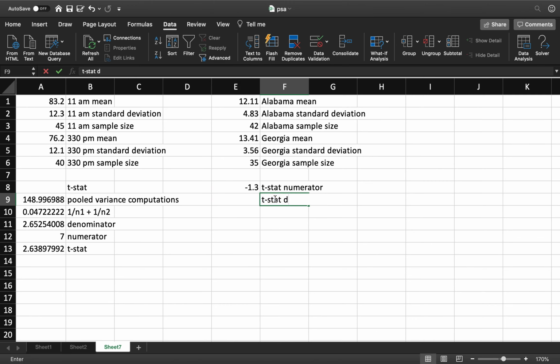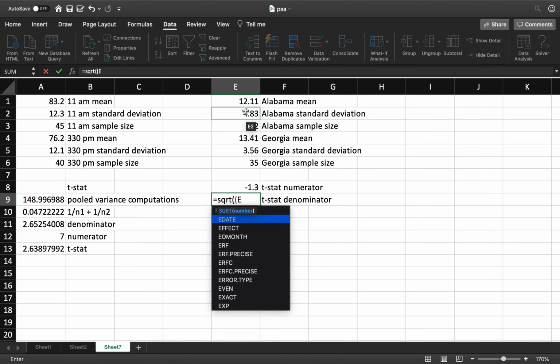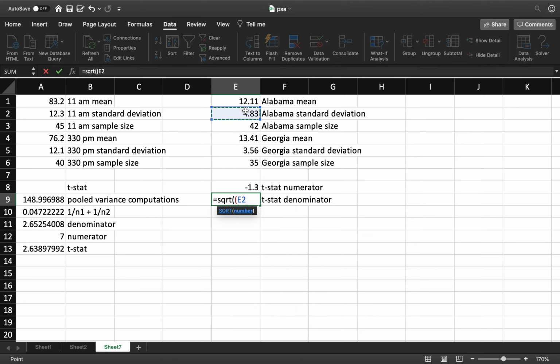The denominator: I take the square root of, I put in a fraction, the standard deviation, let's do Alabama first, squared divided by the sample size, plus Georgia standard deviation squared divided by the sample size.